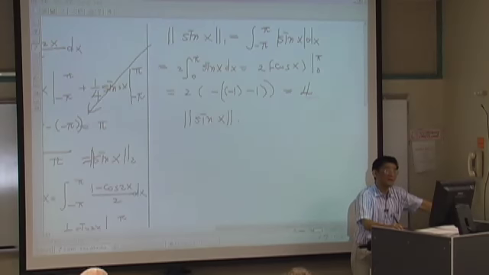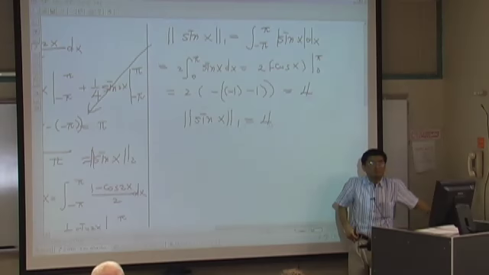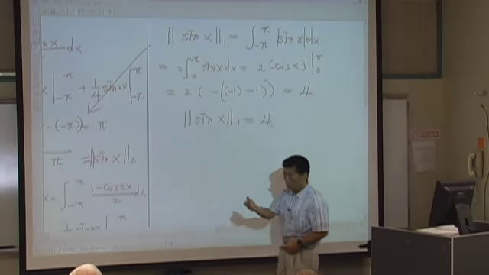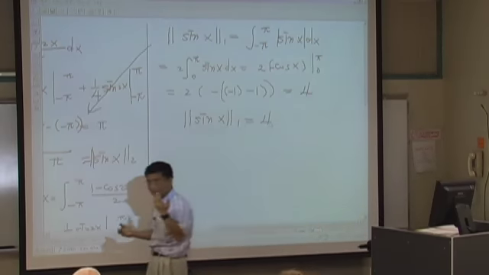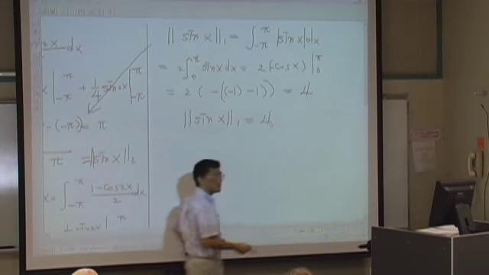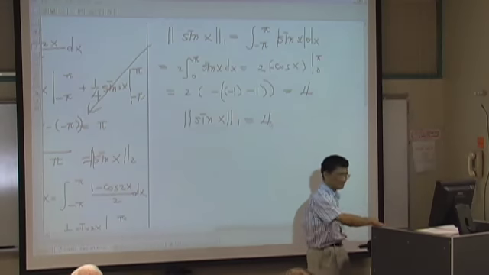If you didn't get it, let me know. So we calculated the one norm and two norm of sine and cosine. Now I will calculate the infinity norm unless you have questions.